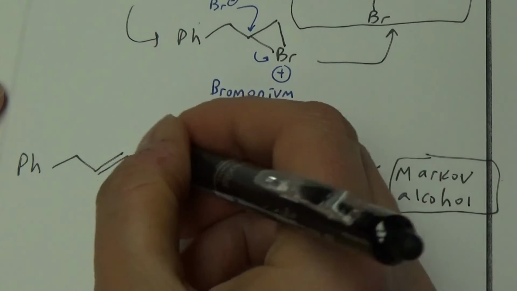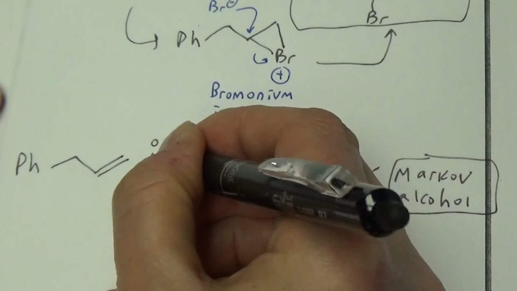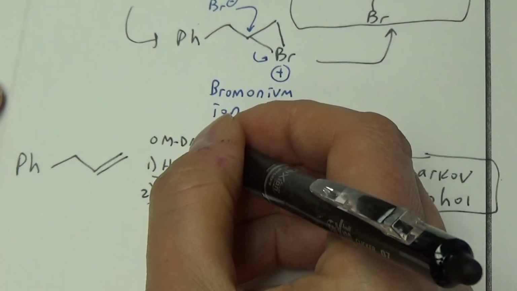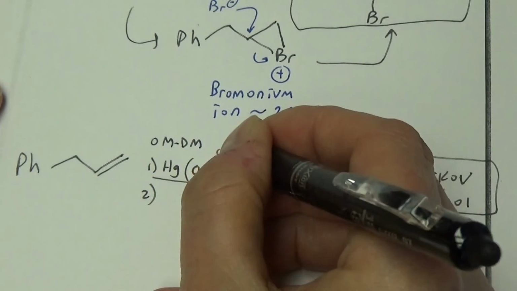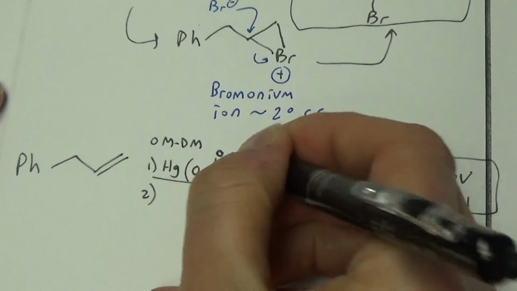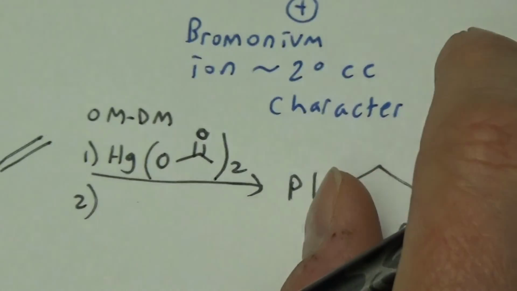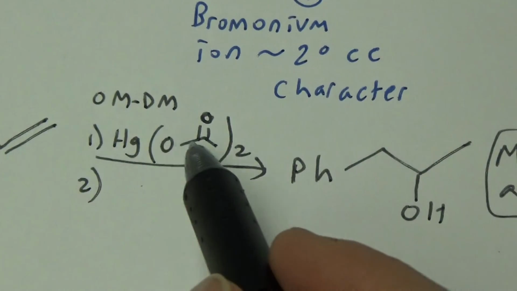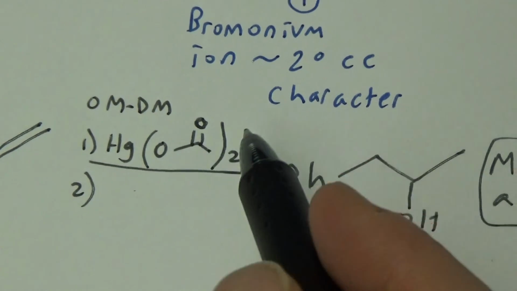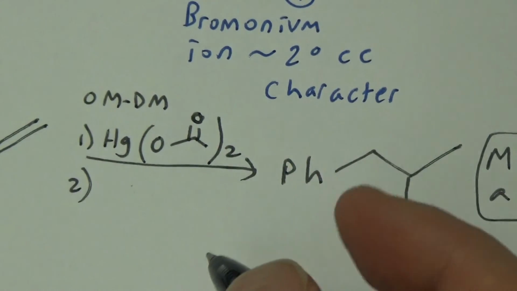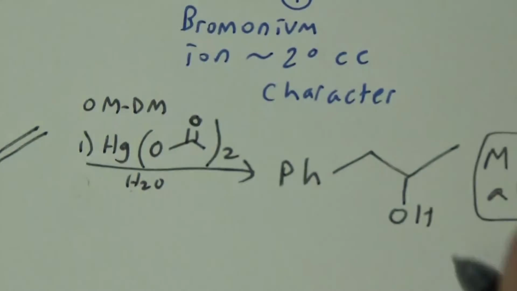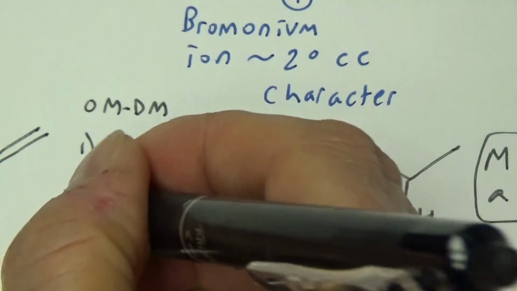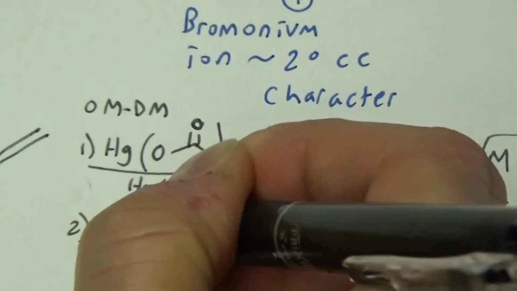And the reagents are Hg, O, acetate, two of these things on there. Those are acetate groups. And then you also need water for step 1. Okay? And then step 2 is NaBH4, sodium borohydride.